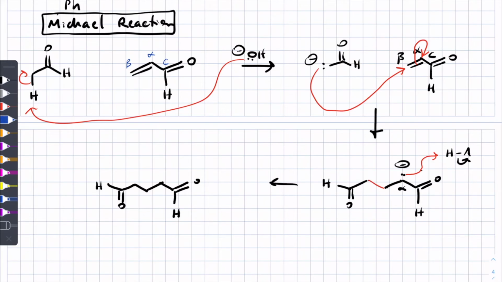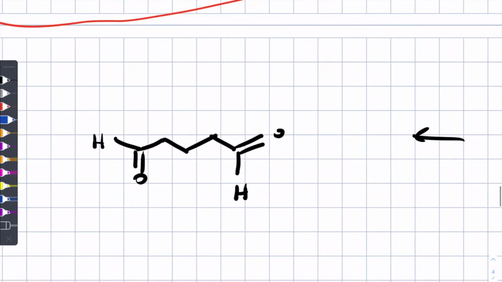If you want to recognize products of Michael reactions, you can do this in a couple of ways. Start with the carbonyl, alpha carbon, beta carbon, gamma carbon. If the gamma carbon is also alpha to another carbonyl, then you could have made that via the Michael reaction.